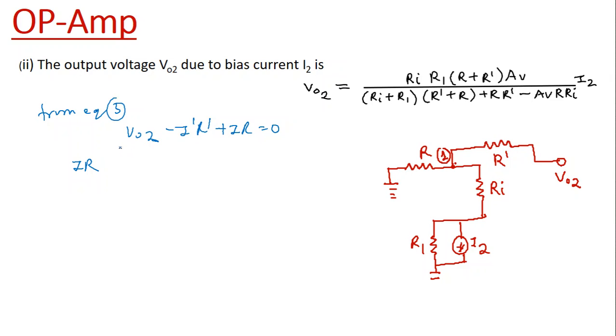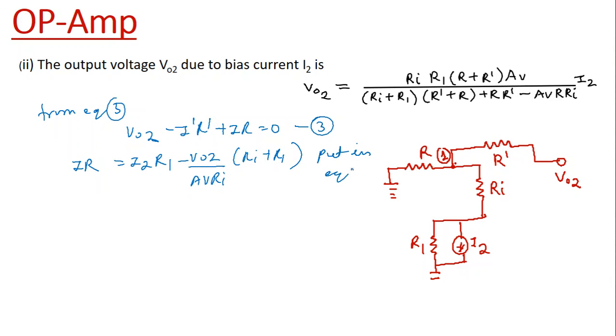IR is equal to I2R1 minus VO2 divided by (RI plus R1). This was IR. Now this is the equation number 3. Put this equation in equation number 3 for IR.